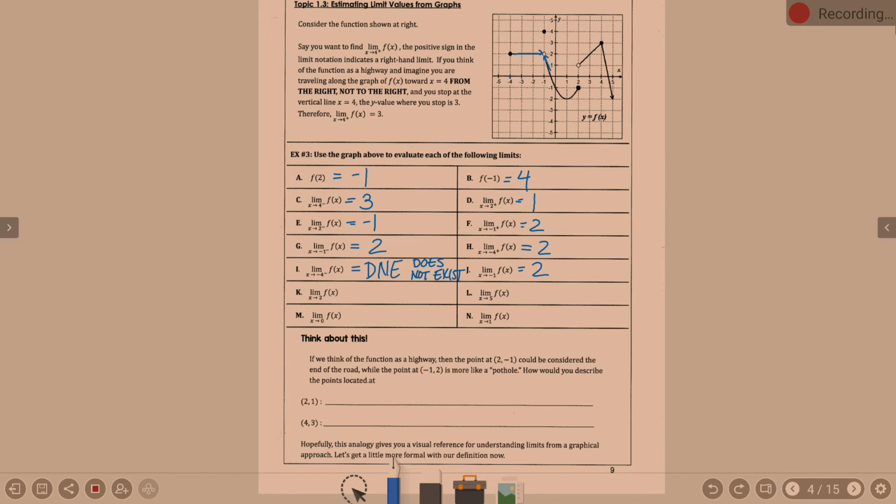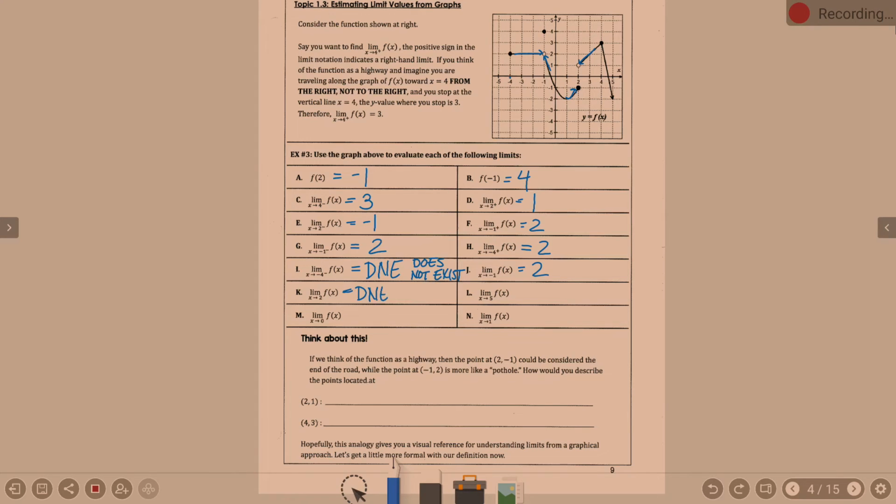What about the limit as x approaches 2? It approaches 1 from the right, -1 from the left. Are those values the same? No. So it doesn't exist. DNE, does not exist.